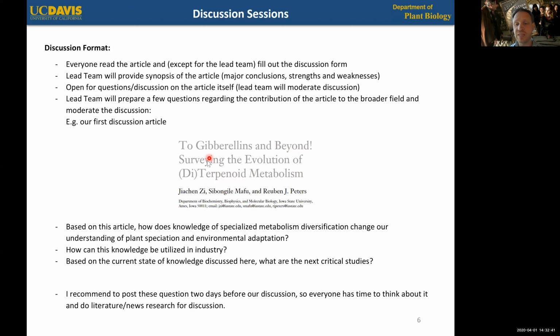And also, based on the current knowledge of this article, this review article, what are the next critical steps, right? What is missing? What are the big questions in the field that need to be addressed? So I'm really thinking about broader type questions here that these articles that I've chosen open up, to have a discussion and really think about this field more broadly.